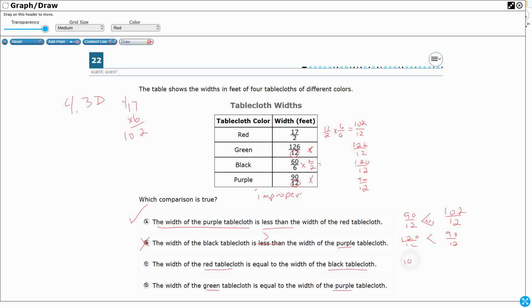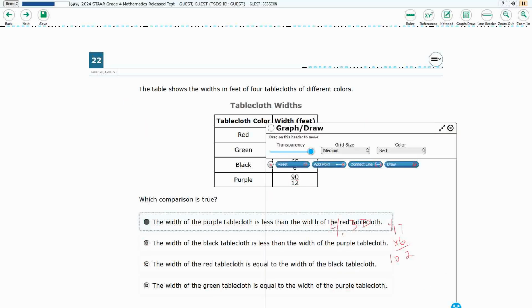So 102 twelfths is equal to black 120 twelfths. No. Incorrect. And then the width of the green is equal to purple. Oh, those were both already twelfths. 126 twelfths is not equal to 90 twelfths. All right, so A is our correct answer.